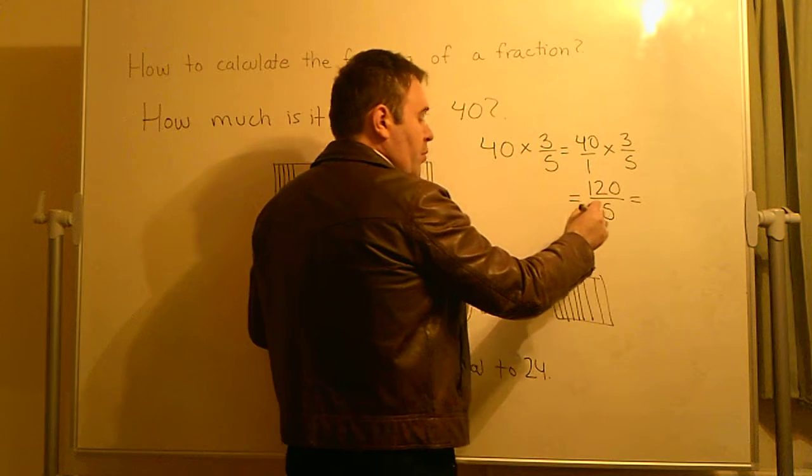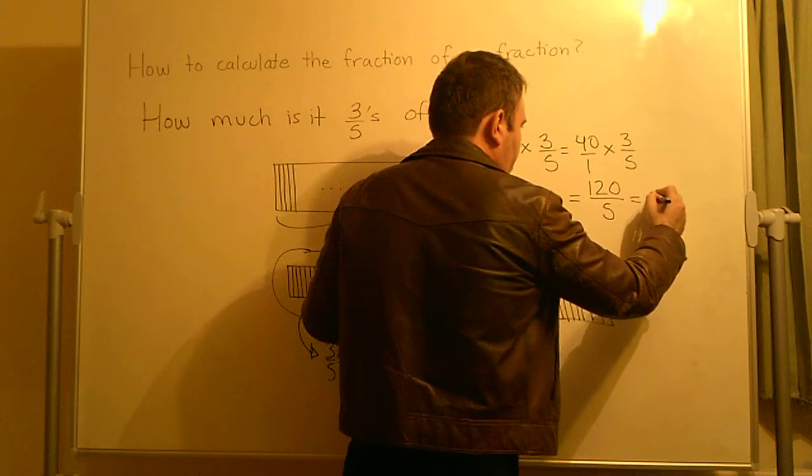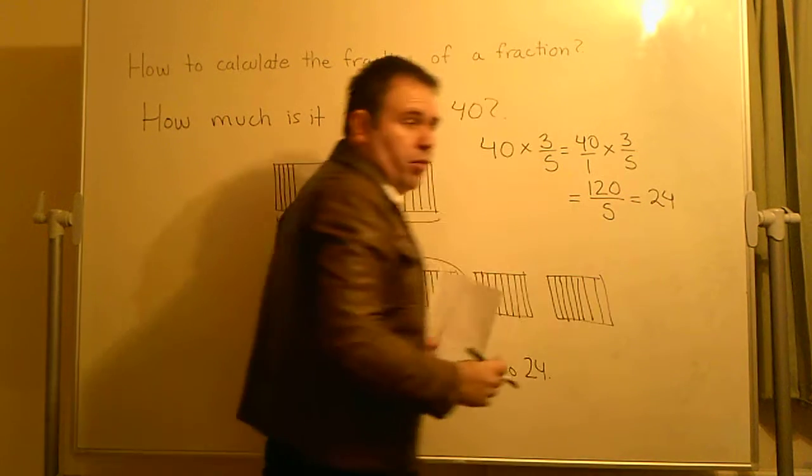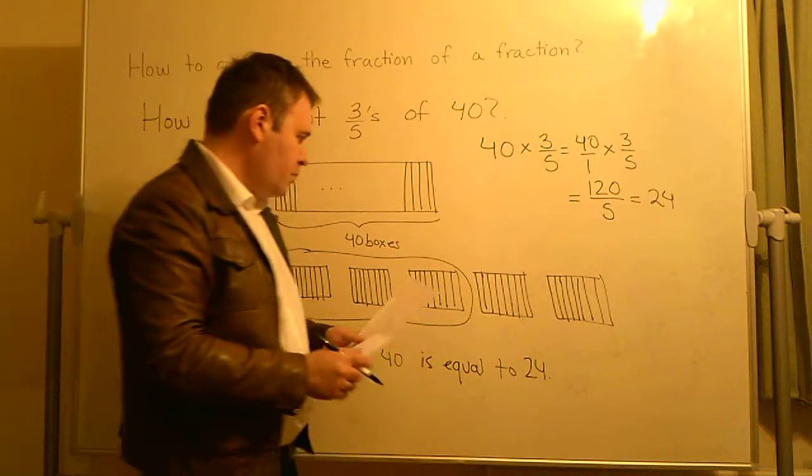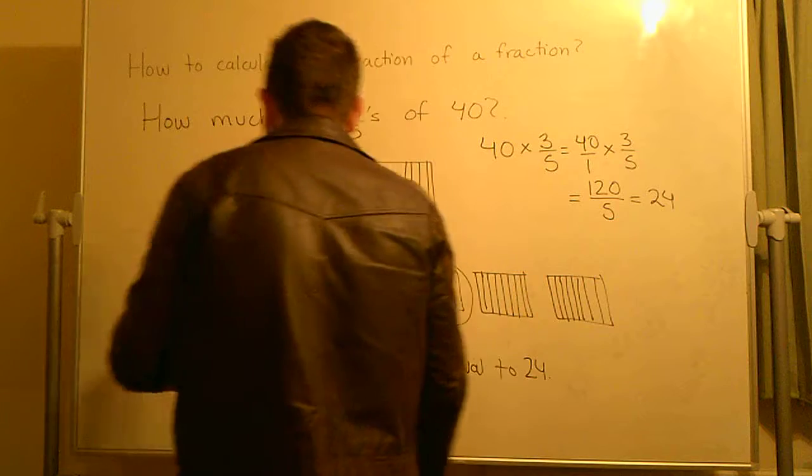So 120 divided by 5 is 24. Okay? Another example.